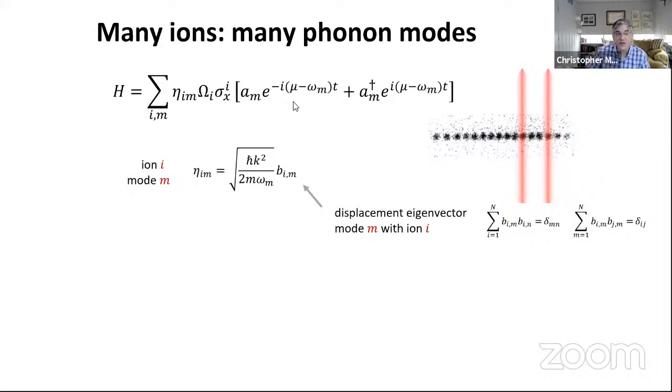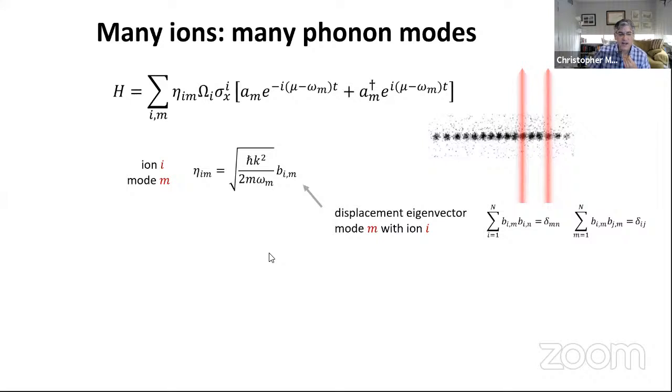This is a detuned spin-dependent force where the spin dependence is a sigma_x operator. The coupling strength is given by the Lamb-Dicke parameter, which also has the normal mode eigenvector of the particular ion i coupled with the mode m.